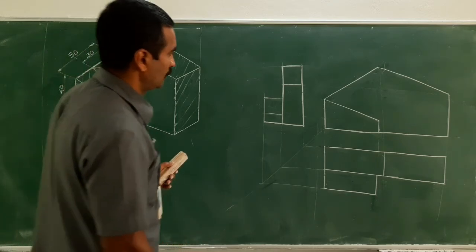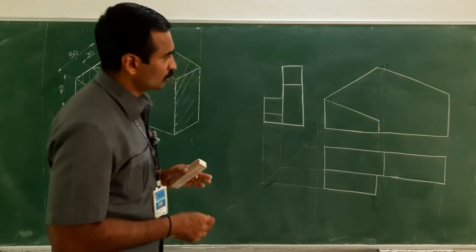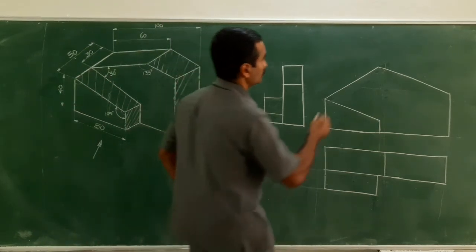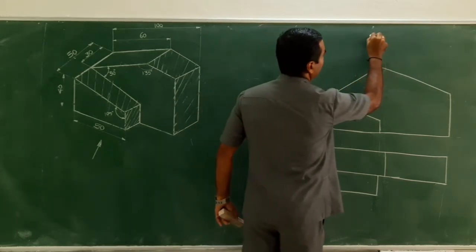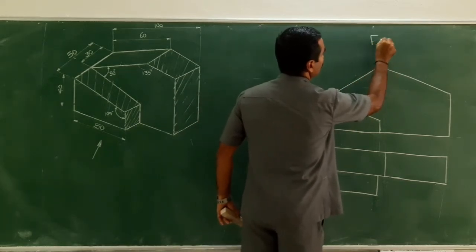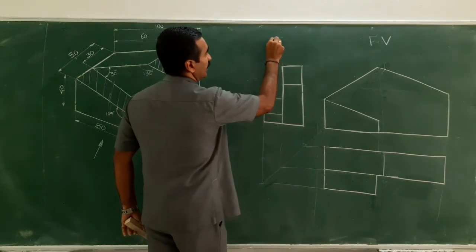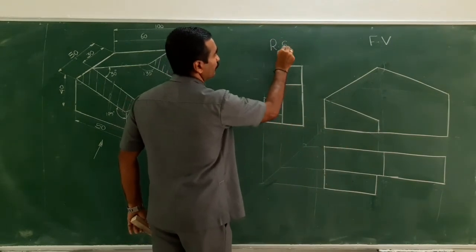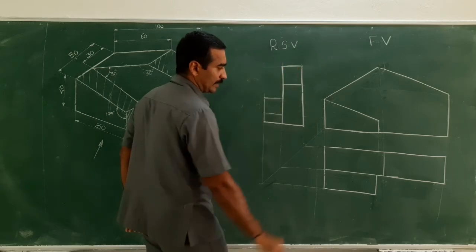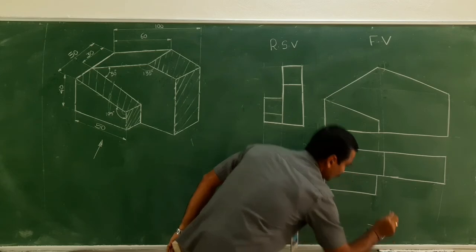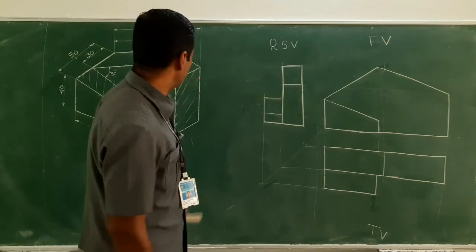Fine. Now, I'll have to draw the dimensioning line, right? So, this is nothing but the front view. This is front view, and this is right side view, and this one is top view or plan. TV means top view, right?